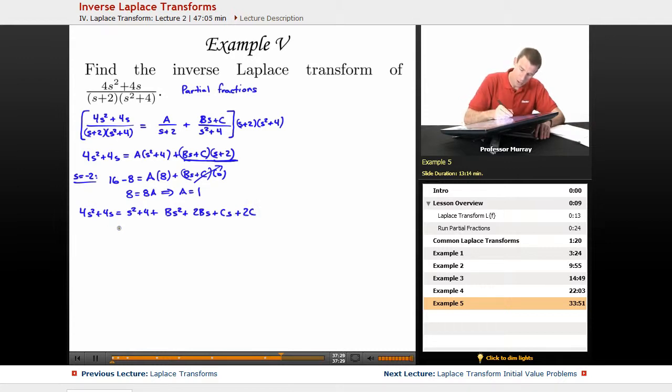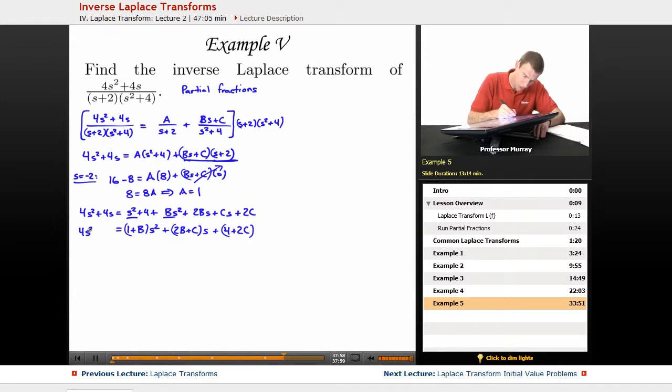And I'm going to sort that out into powers of s. So I see I've got 1 plus B times s squared. That takes care of that term and that term. Now my s terms are going to be 2B plus C. And my constant terms are going to be 4 plus 2C.